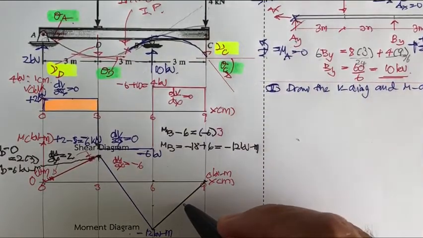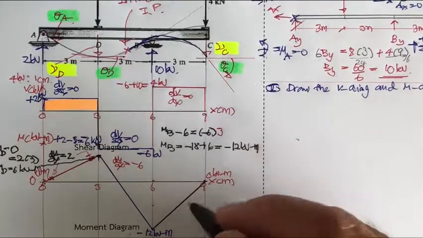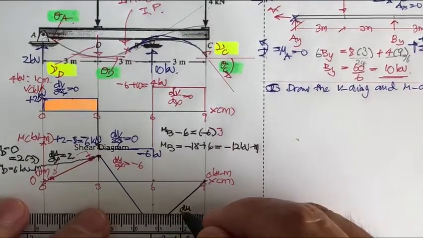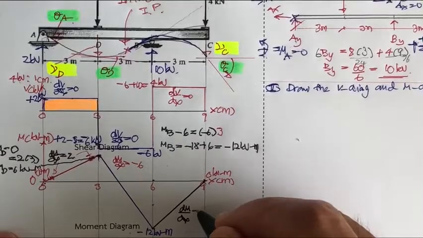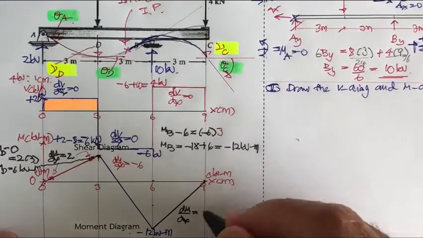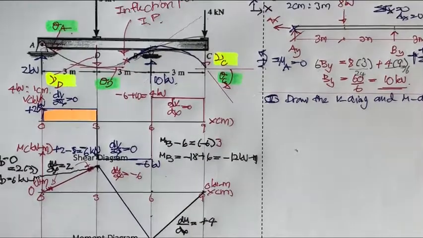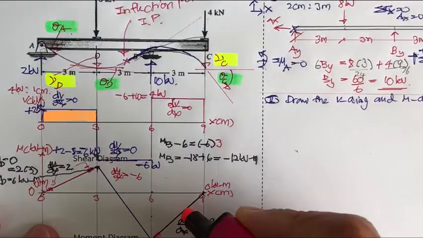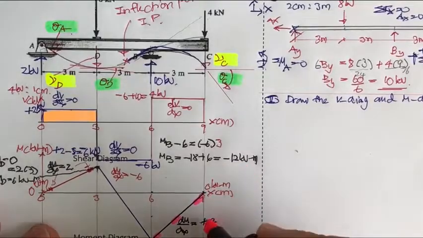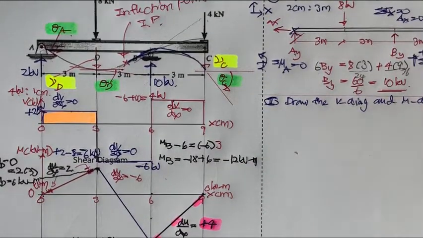The slope here is dM by dx equal to plus 4. And if you like, you can highlight it. This is going to be plus 4.